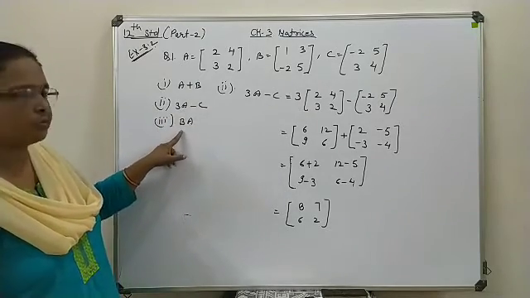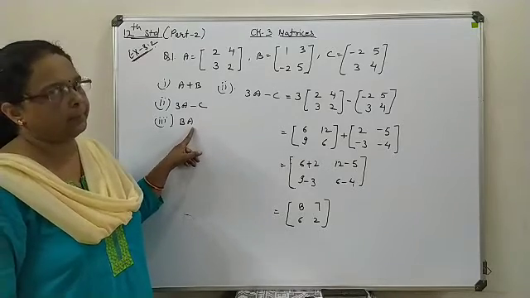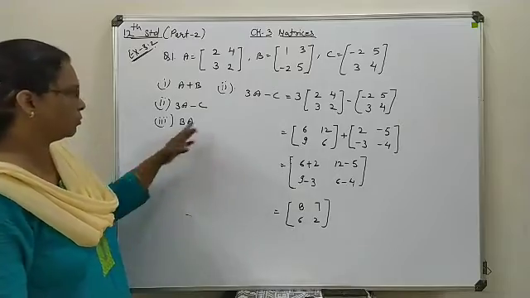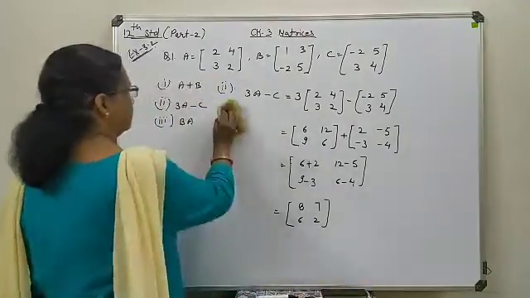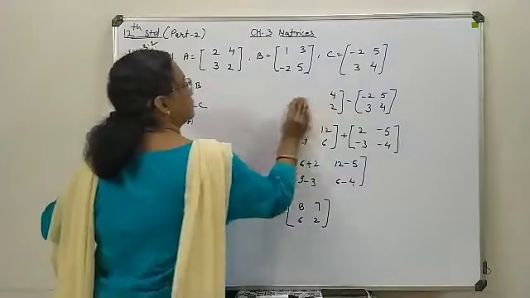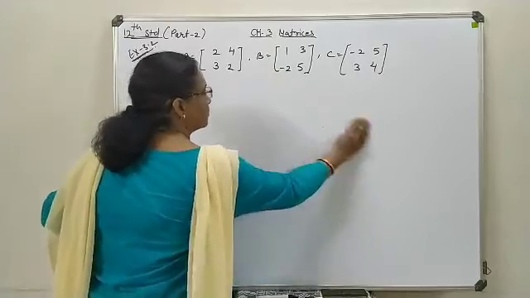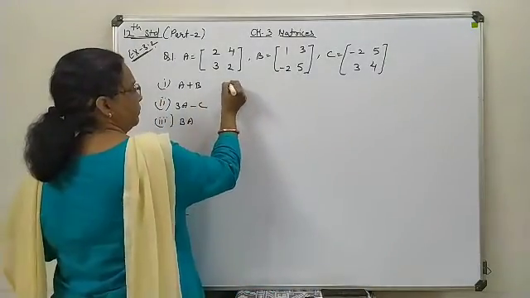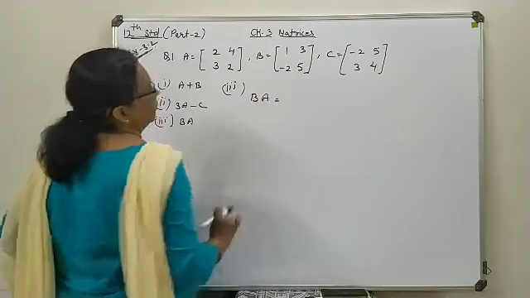So next we are going to the third category, that is B multiplied with A multiplied with B. In the same way it can be handled. So move to the third one. In the third one, we have to perform a product.